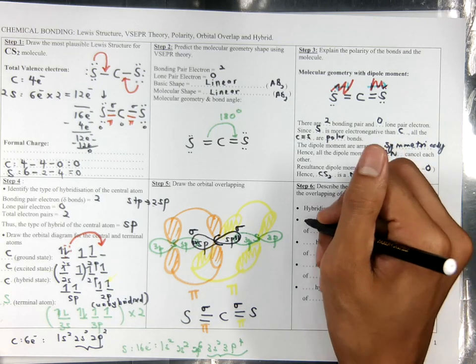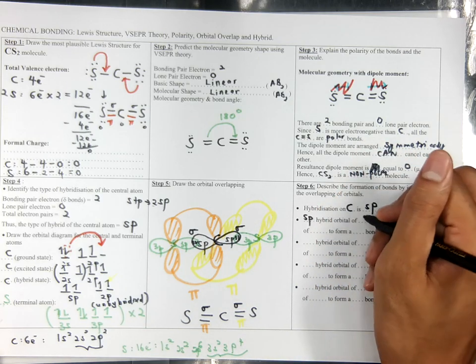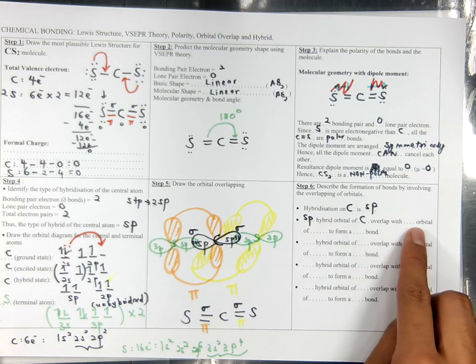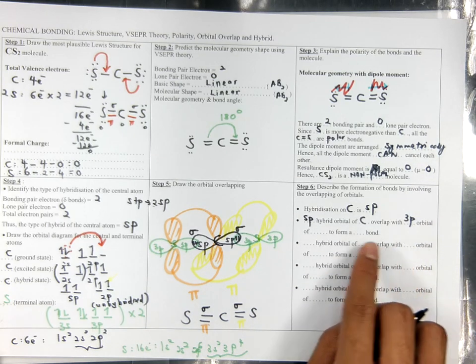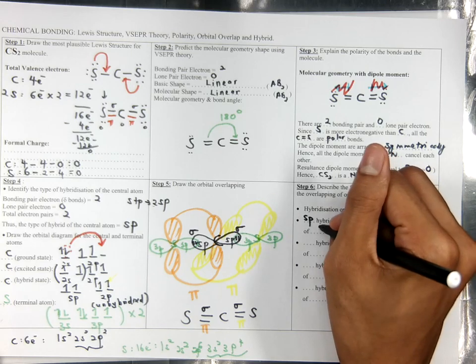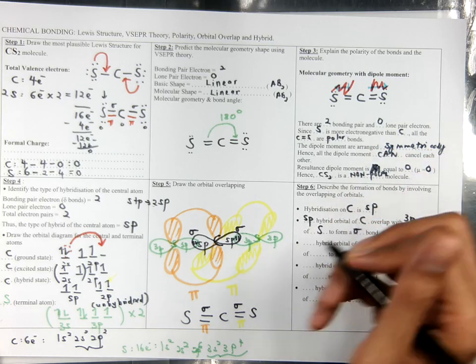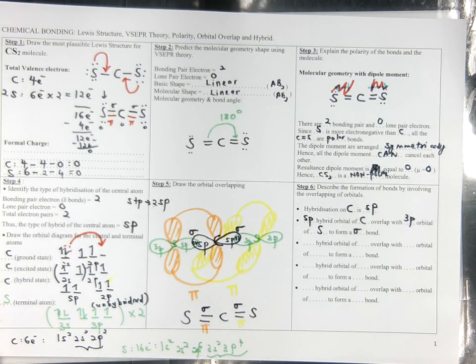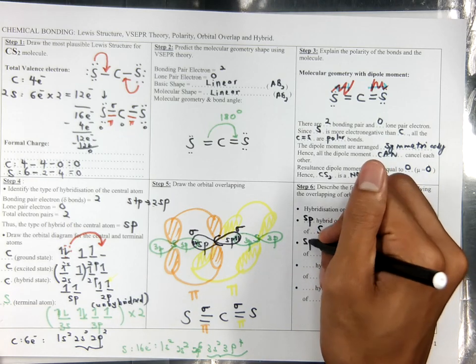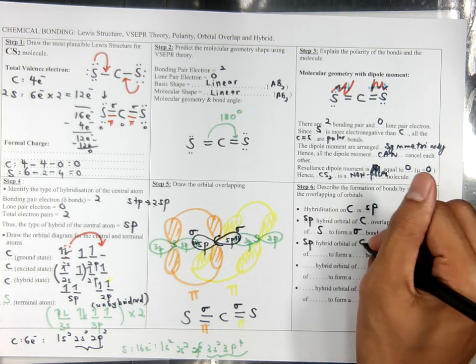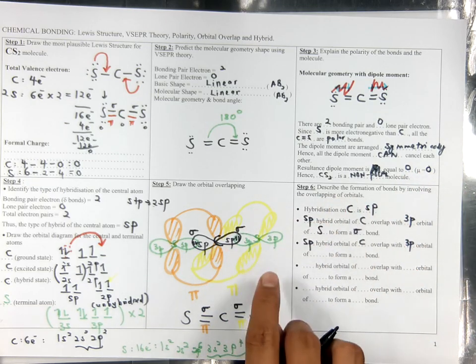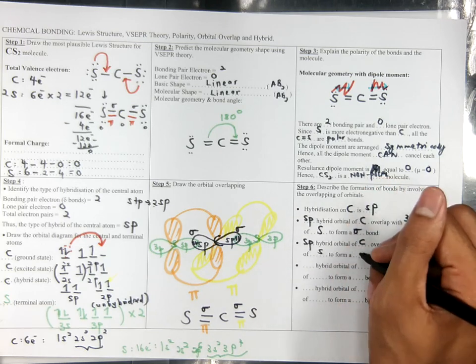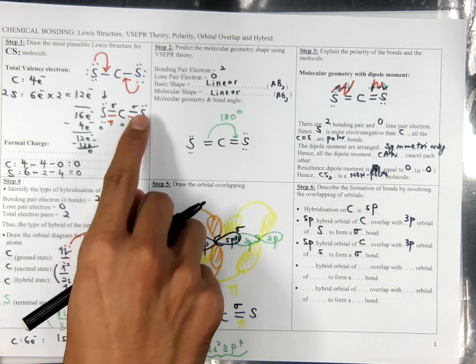So the sp hybrid orbital of carbon will overlap with the 3p orbital of sulfur to form a sigma bond, which is here. At the same time, another sp hybrid orbital of carbon will also overlap with the 3p orbital of sulfur to make another sigma bond, because we have two sigma bonds.